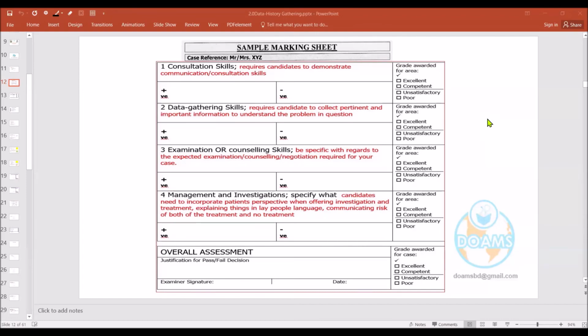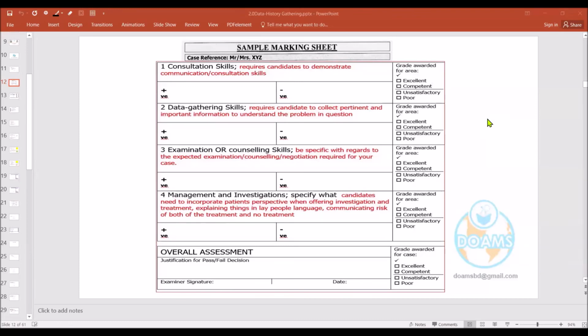In the OSCE design, you know there is a 10 minute station. We have to complete our history taking in about 4 or 5 minutes at best. For technical reasons, it is not much possible in our online session, but after taking 3 or 4 minutes of history, we have to overlap our discussion while looking at the patient.